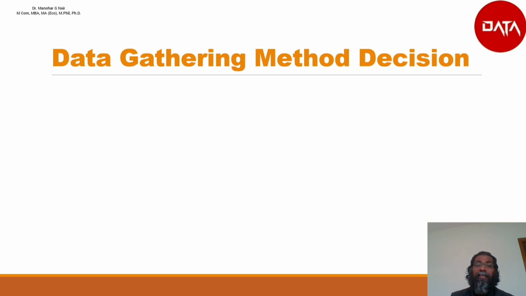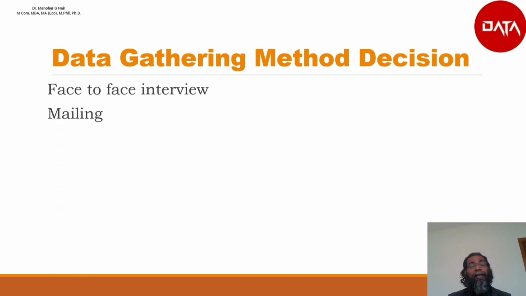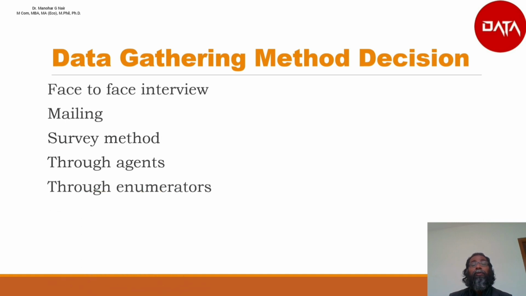The next is data gathering method decision. The researcher has to decide whether he is going to conduct a face-to-face interview, or the data would be collected through mailing, or through sending a Google form, or through a survey method, or collected through agents or enumerators.